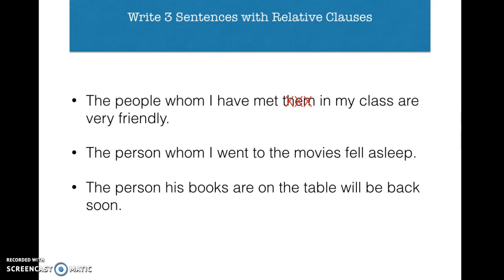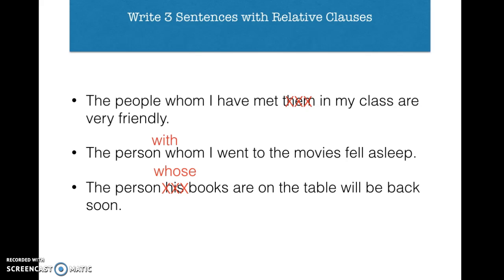With the next one, the person whom I went to the movies fell asleep. Well, you go to the movies with somebody, so we need that preposition in there. So it's going to be with whom I went to the movies fell asleep. Don't forget that preposition. And the last one, obviously it shows possession, so the person whose books are on the table. Okay, so be aware of whether it's an object pronoun or whether it shows possession.